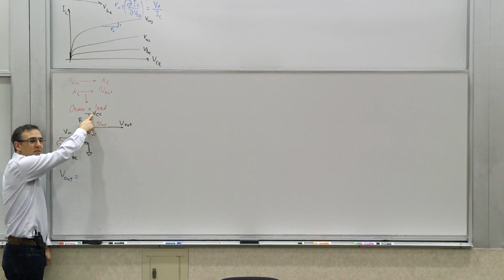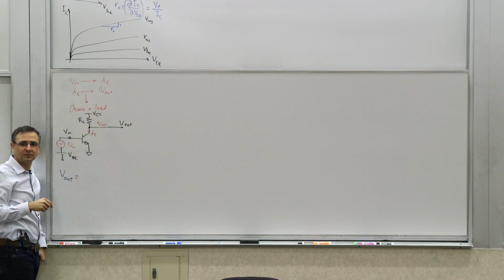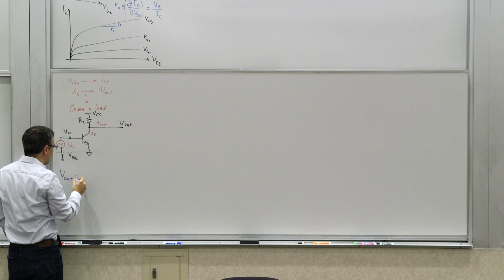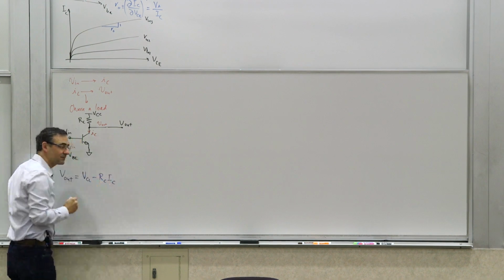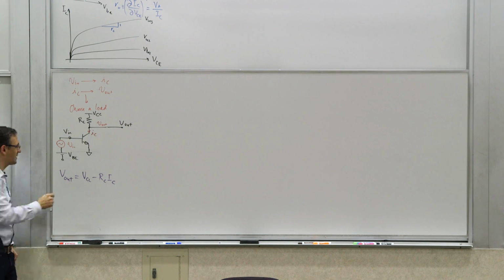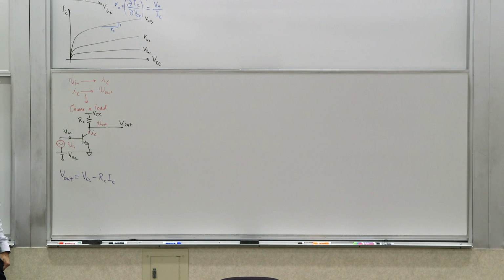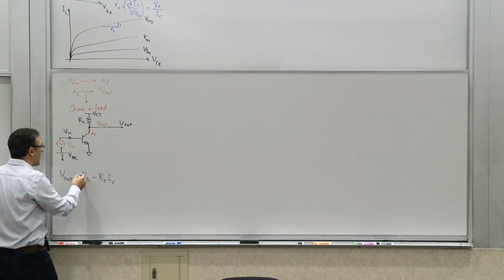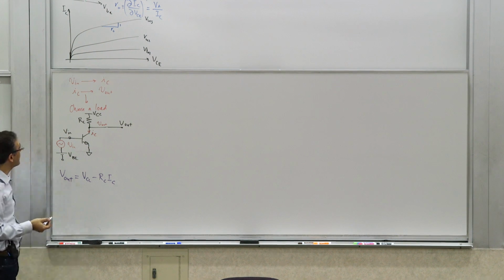Well, we know this voltage is VCC, and we know the current through this resistor is IC. So this is VCC minus RC IC. This is the voltage drop across the resistor, and this voltage is going to be that difference. That is what we call the load characteristic line, and we'll see why we call it that in a few seconds.